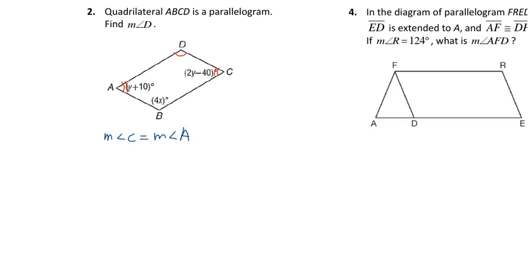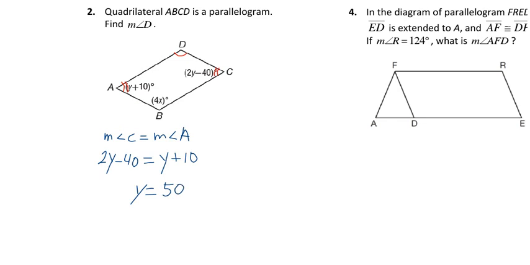And now substituting, I have 2y minus 40, it's equal to y plus 10. So putting all the y's together on the left side, I will have 2y minus 1y, that's y. And then on the right side, 10 plus 40, which is coming from the other side, that is 50.